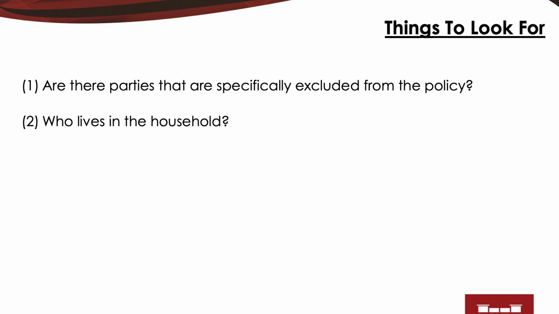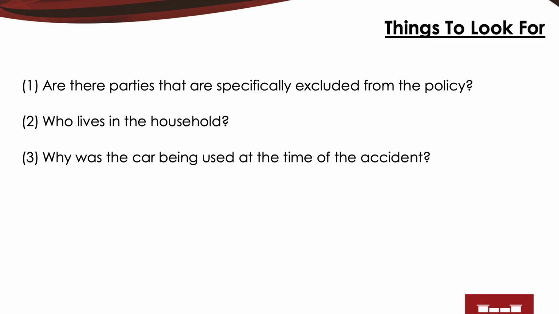Ask who lives in the household, because it could be that the owner of the vehicle, even if they're not related to the driver, live in the same household, then you might be able to apply the Family Car Doctrine. I'd ask why the car is being used at the time. If it happened to be an errand on behalf of the owner of the car, then even in those states that are more strict with their interpretation of the Family Car Doctrine, you'd be able to apply this.